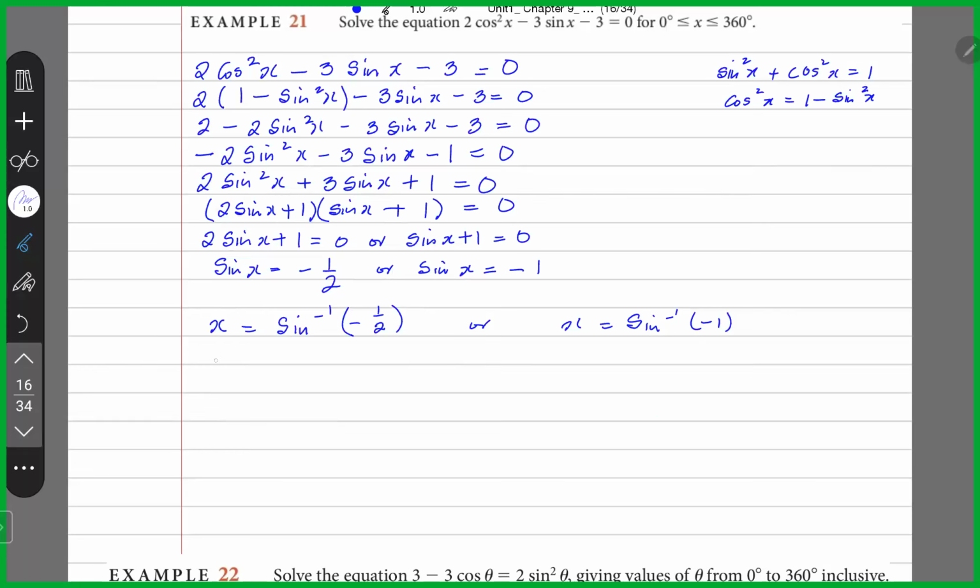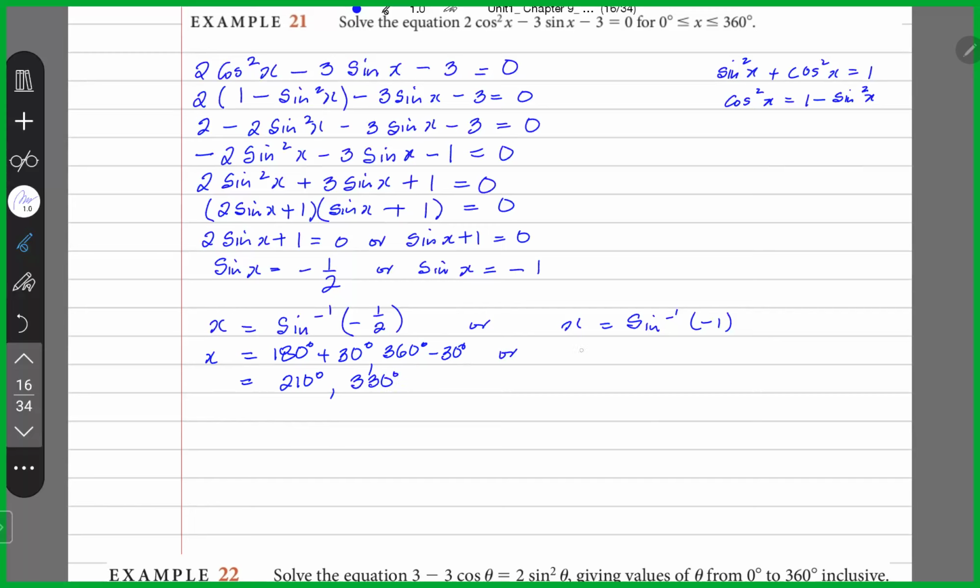Sine inverse of a half is 30 degrees. Since my first answer is in the third quadrant, it is going to be 180 plus 30 degrees, and my next answer is in the fourth quadrant, so that is going to be 360 minus 30 degrees. So my answers here are 210 degrees and 330 degrees.